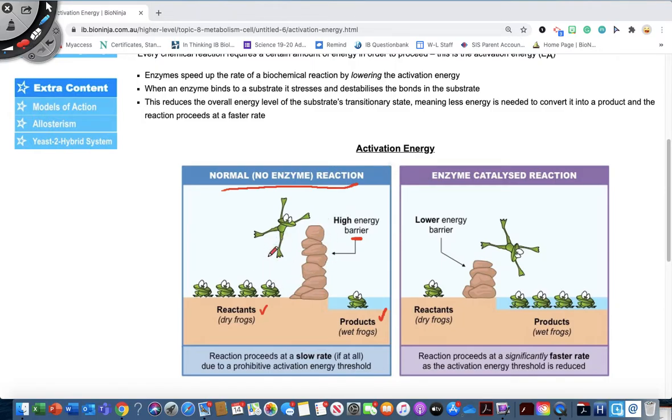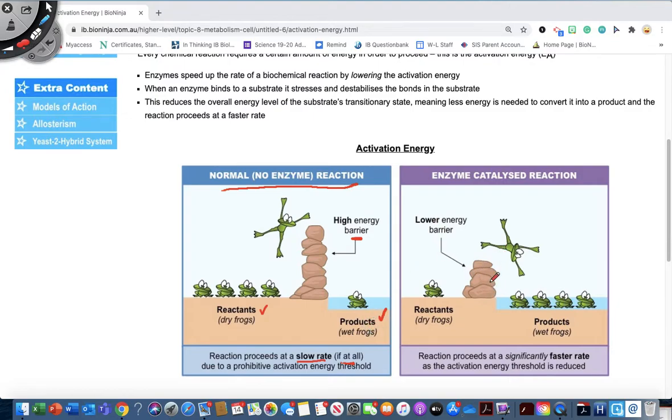It's going to take a lot of energy for that frog to jump over the barrier. So the reaction could proceed, but if it does, it's going to proceed at a slow rate, if at all, due to a prohibited activation energy threshold. The energy is very big here for these reactants to break their bonds and turn into products.